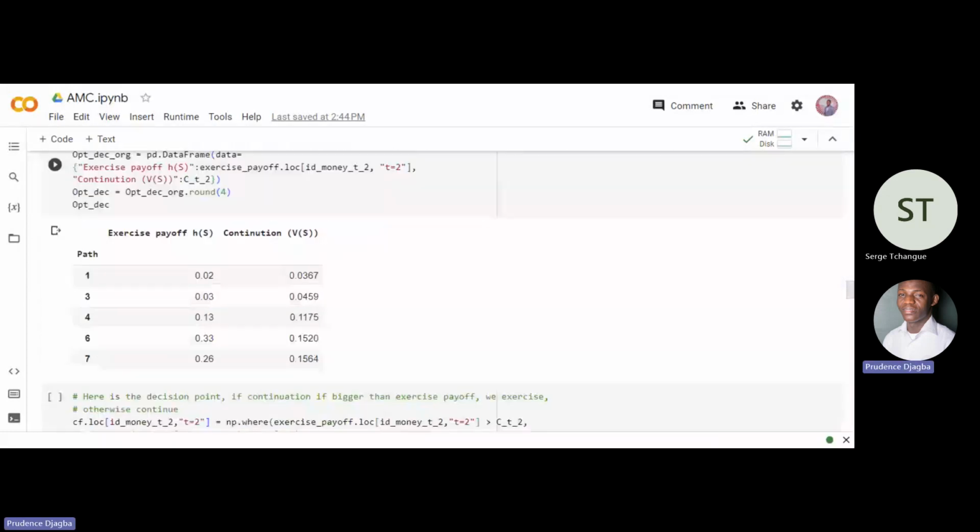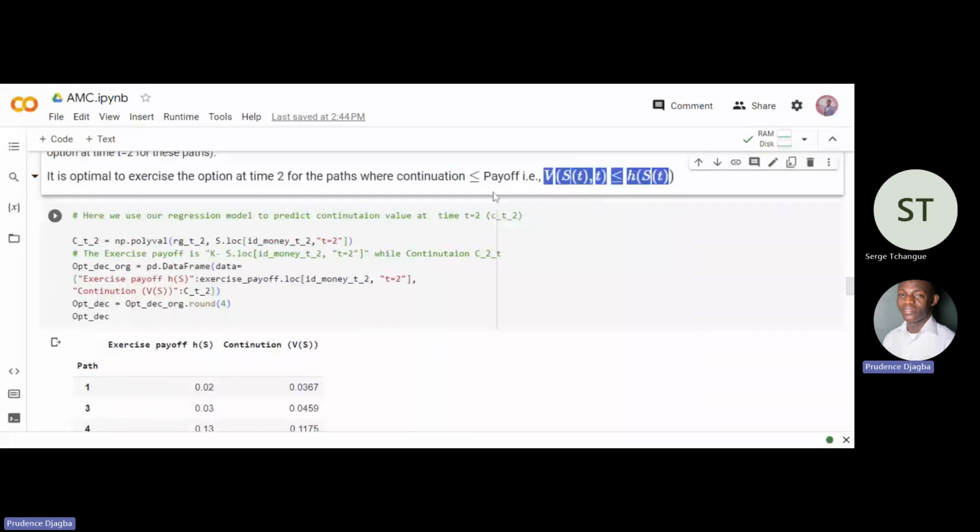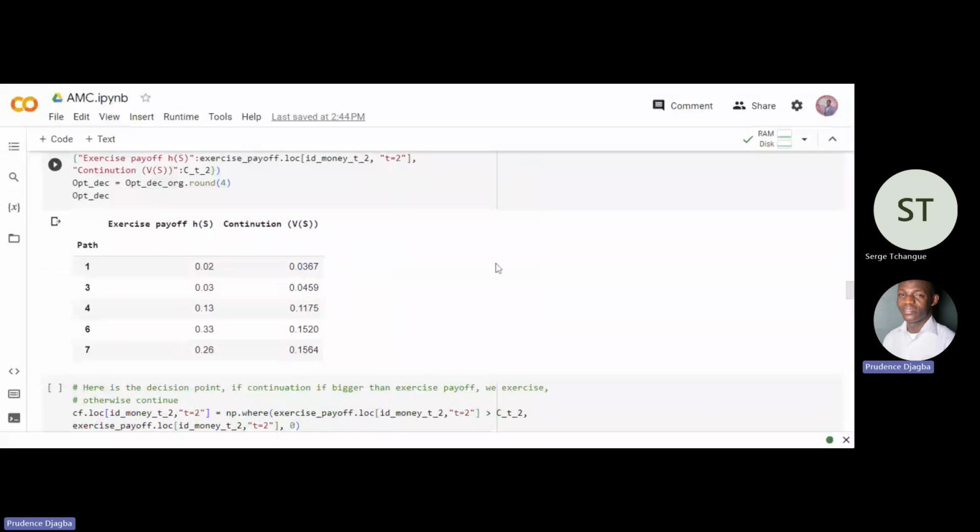So when I do that, the exercise payoff here, those are the paths, the value, and the continuation, which is just the estimation of the value of the option for those different paths. I check which ones satisfy this inequality, and we observe it is only paths 4, 6, and 7.